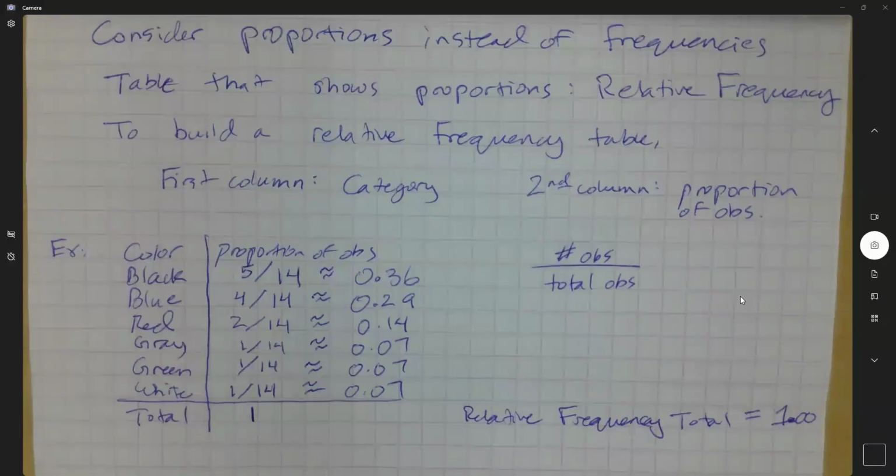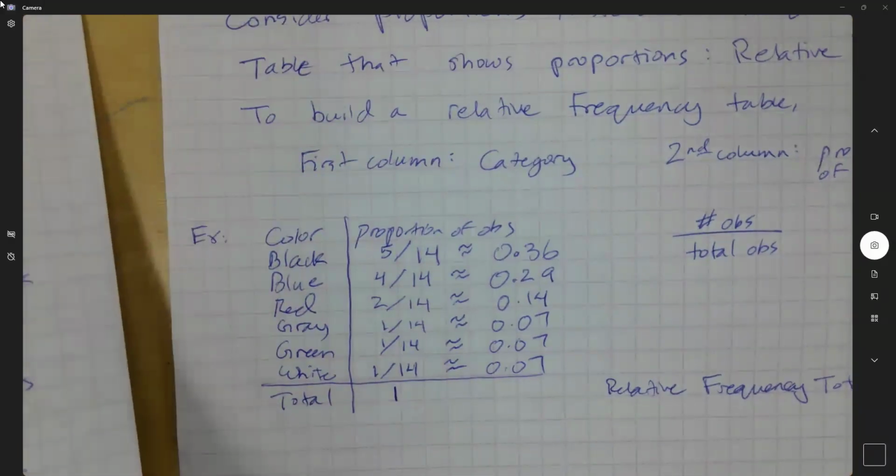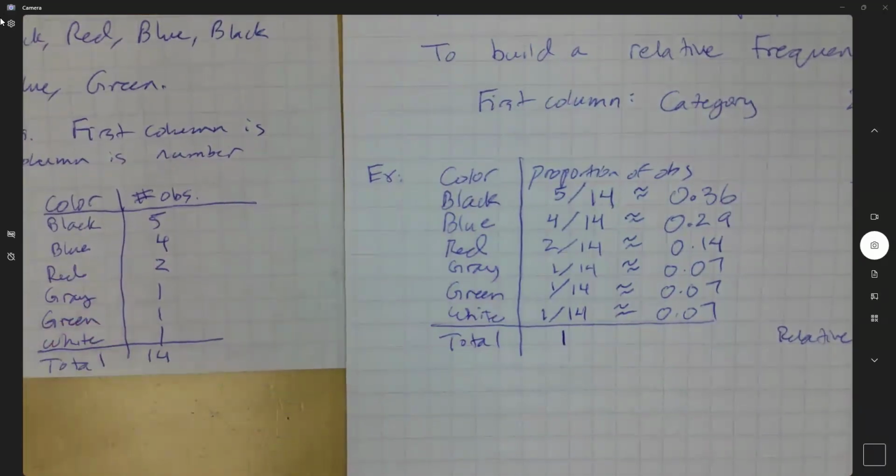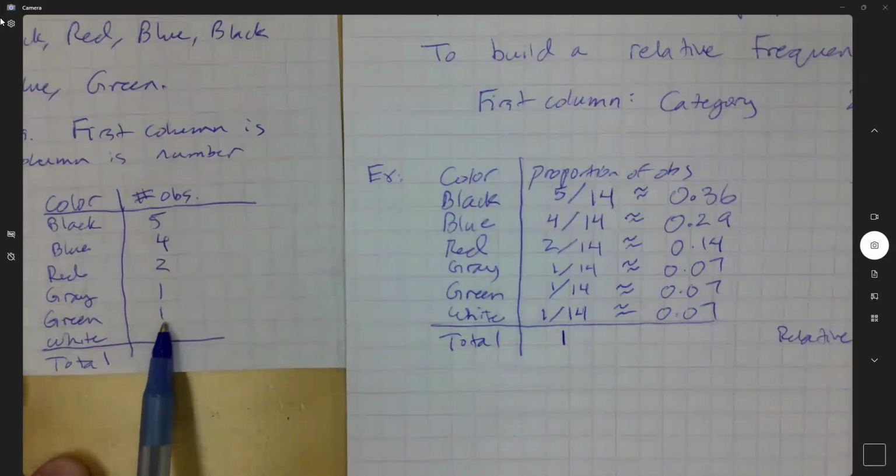You might ask why you would want a relative frequency table instead of a frequency table. And the answer is partially it depends on what you want to use it for. If you want to know the actual numbers, then a frequency table is helpful. If you care more about the proportions, then a relative frequency table is helpful. If I had 683,212 observations, knowing the specific number in each category would probably be overwhelming.